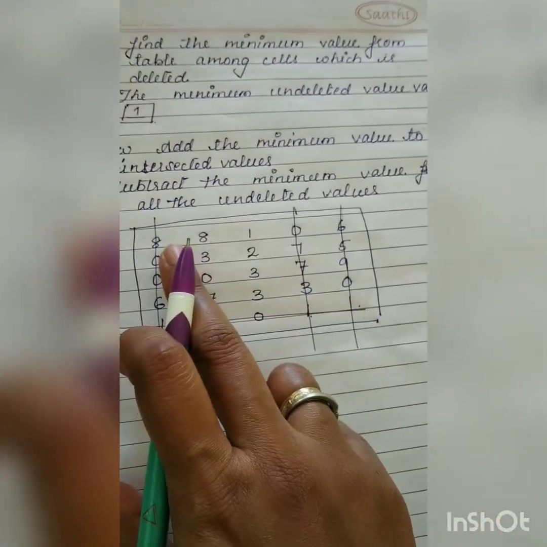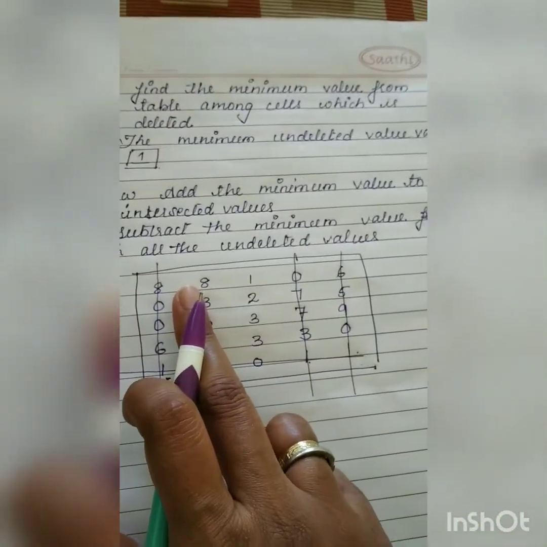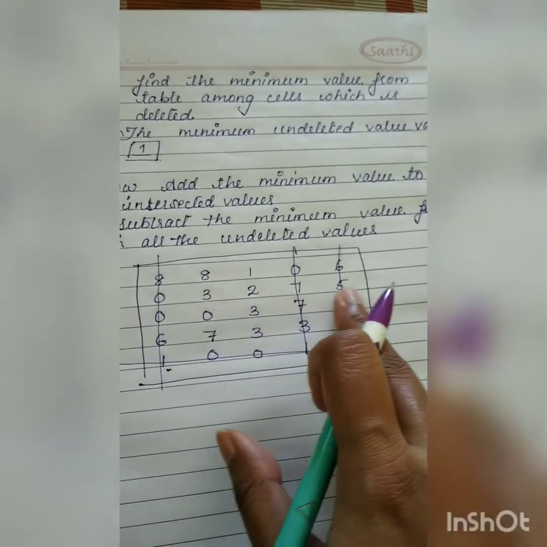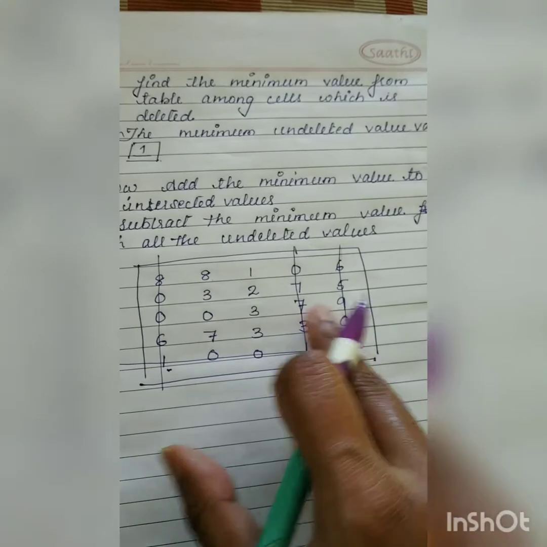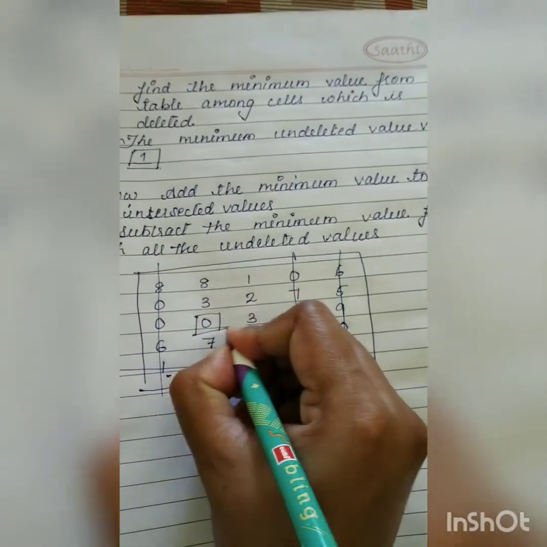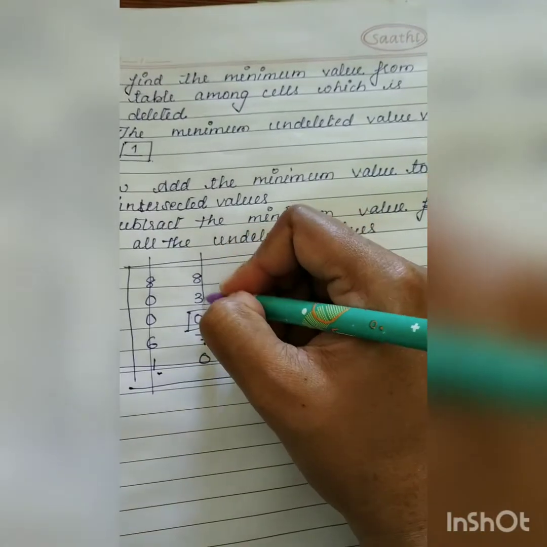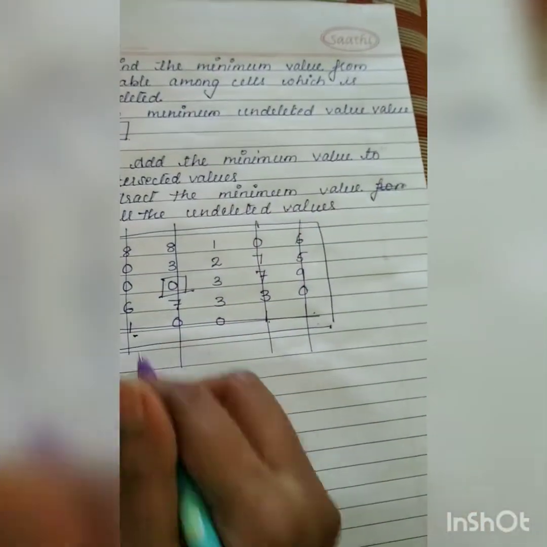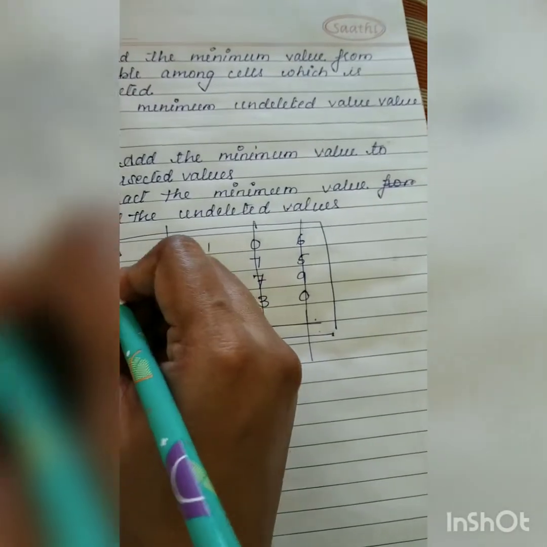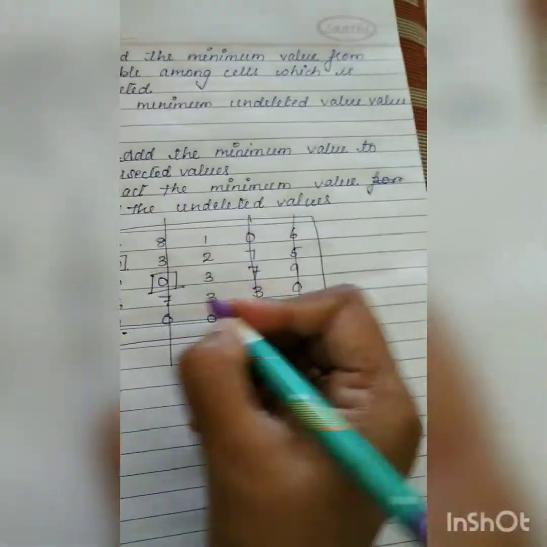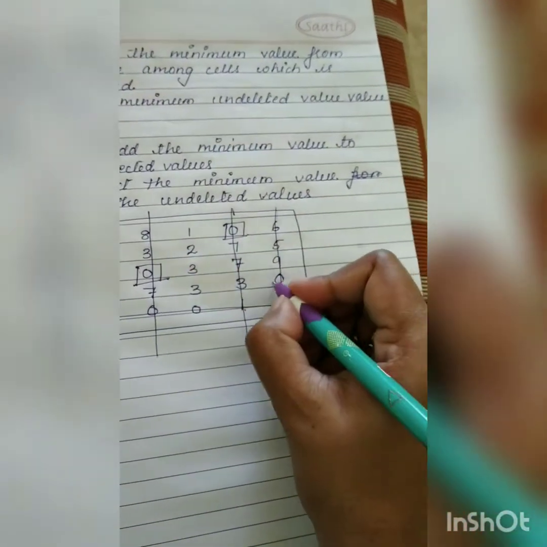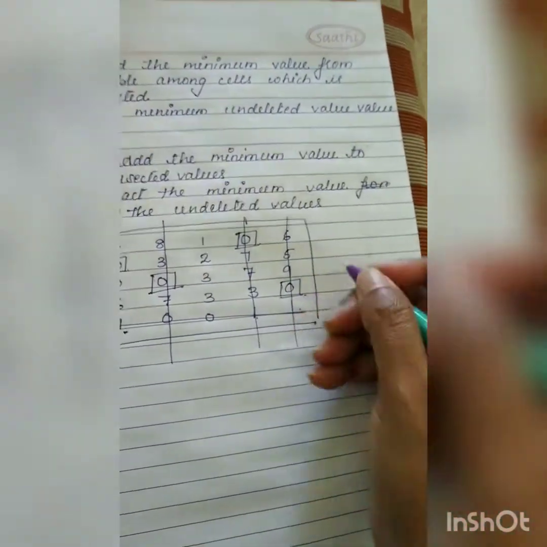Now again we'll perform row scanning and column scanning. In this row, no 0, no 0, one 0 I have. So I'll mark this and strike it out. So I have earlier this as my marked cell, this as my marked cell, and this as my marked cell.